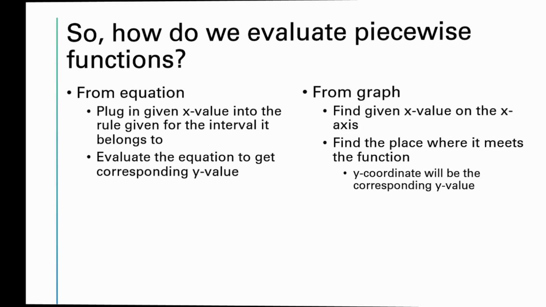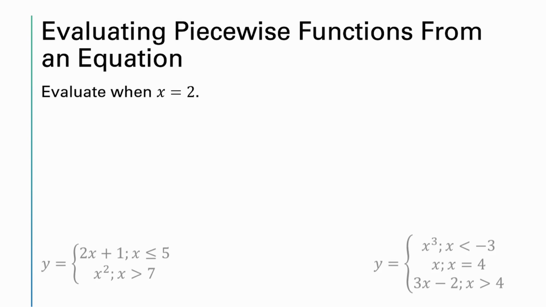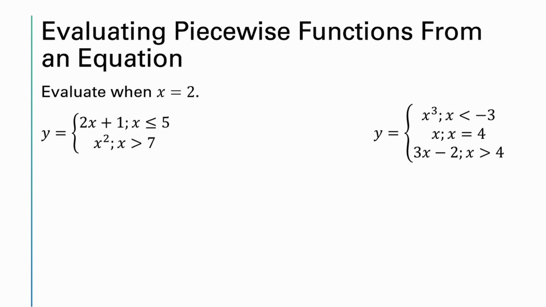So let's do it. Let's evaluate piecewise functions from an equation. So we have to evaluate both of these when x is equal to 2. Okay, so let's see this one. y is equal to 2x plus 1 if x is less than or equal to 5, and y is equal to x squared if x is greater than 7.